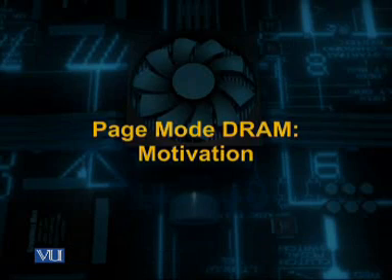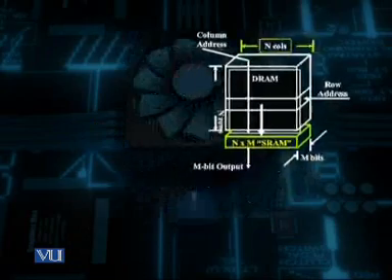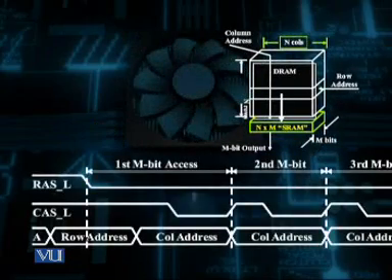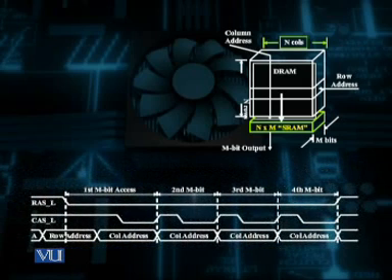Here, we can put an internal register of size n by m, so whenever we access a row, the whole data is transferred into this register. After that, we only need to provide the column address and assert the column address signal for other m bits at the same row.